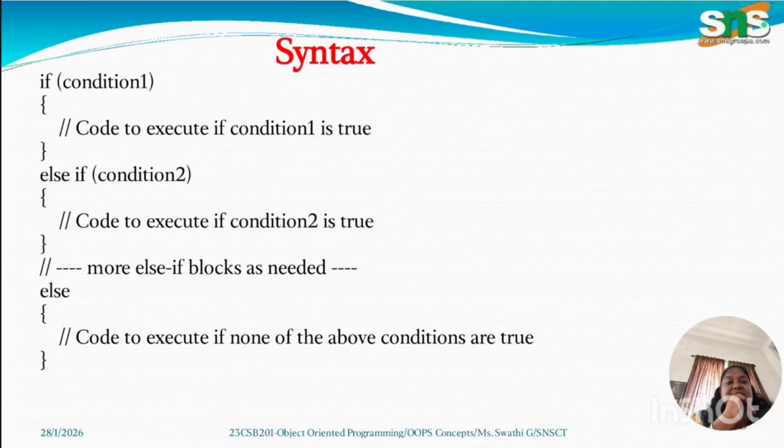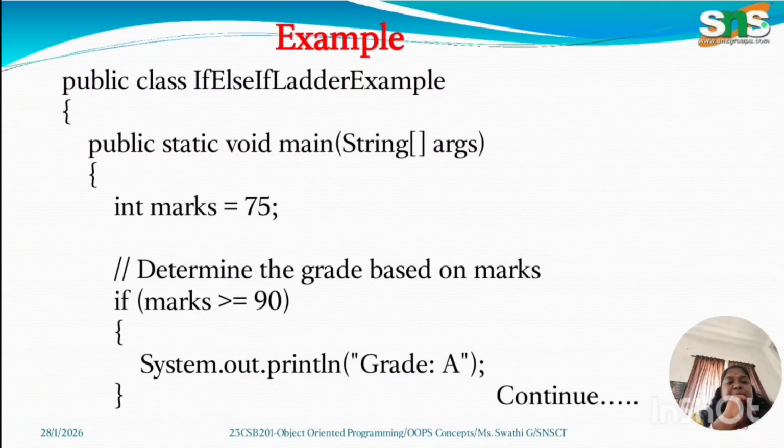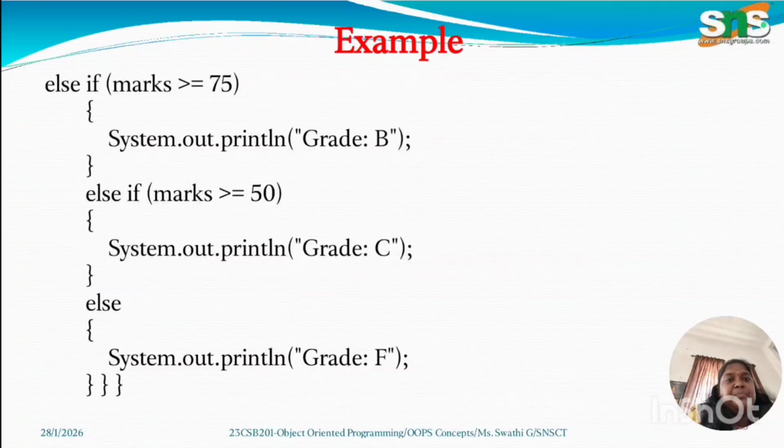Here we are giving the syntax and an example. If marks greater than or equal to 90, grade A will be shown. Otherwise, if less than 75, grade B, and then else. Within the if else we are using else if statements, so it is an else if ladder.